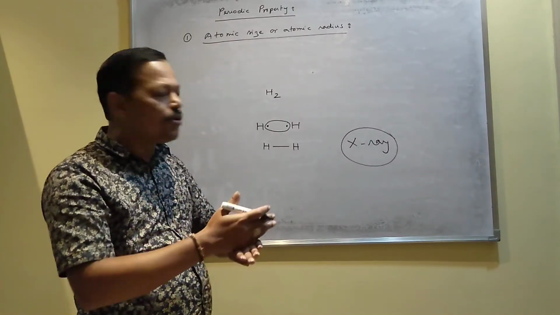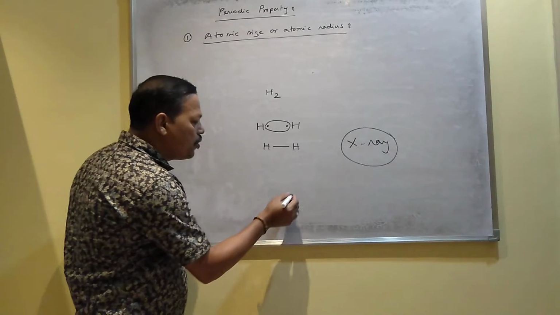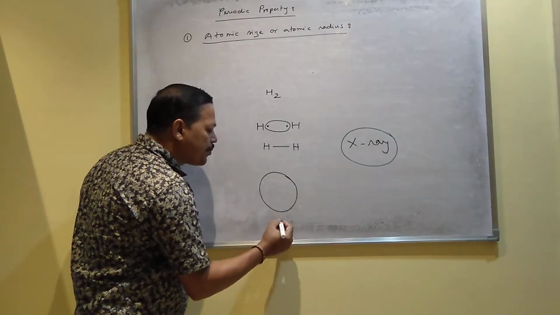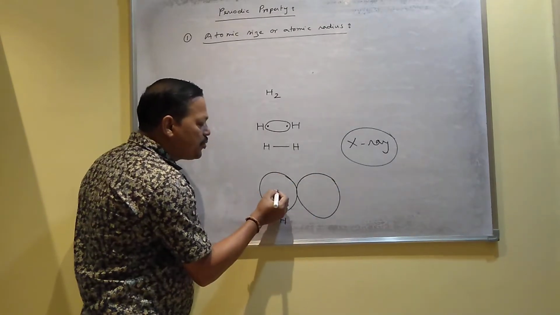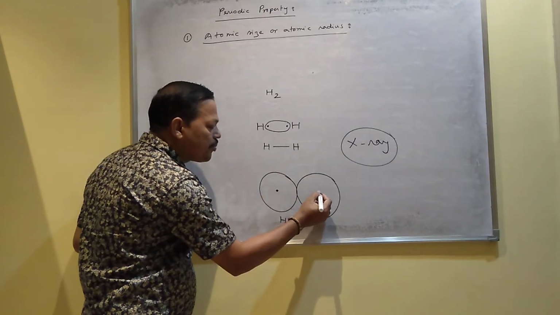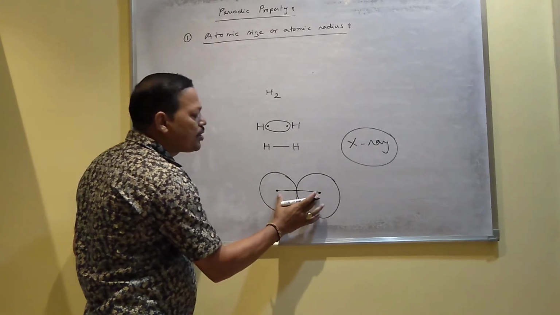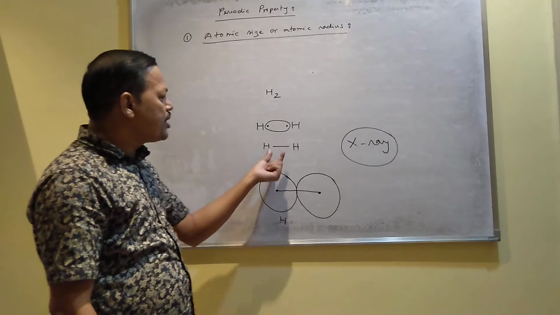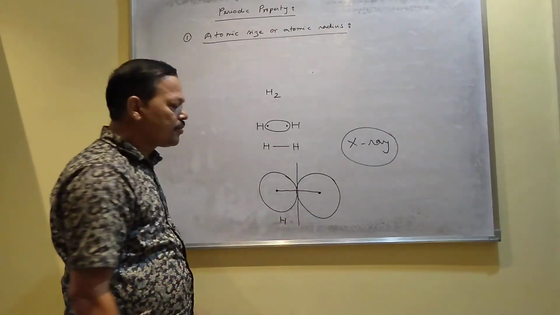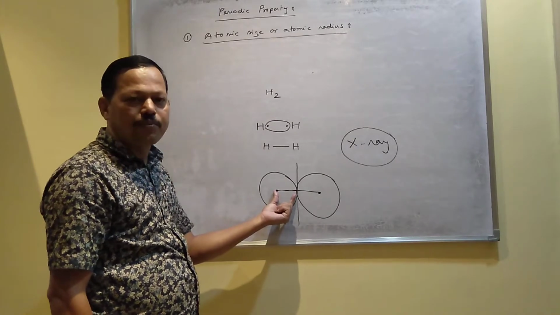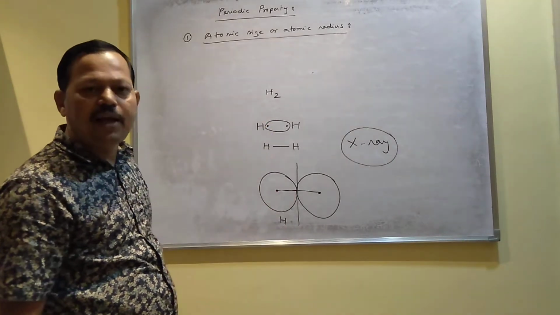When you make half of it, then you will get the radius of an atom, because you know when two hydrogen atoms combine, suppose this is one hydrogen atom, this is one hydrogen atom, this is the nucleus of this hydrogen, this is the nucleus of that hydrogen. What is the distance between these two nuclei? That is called the length of the bond. So this is your bond length. So when you make half of it, then you will get the radius of one atom. And this is the way to find out the radius of an atom.